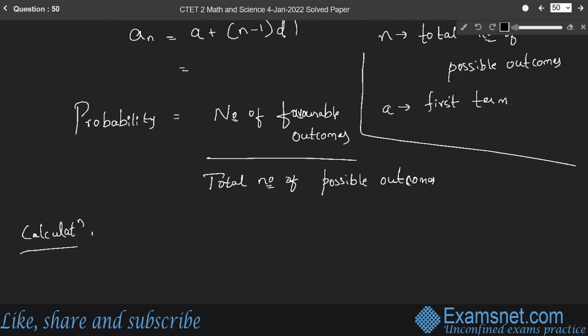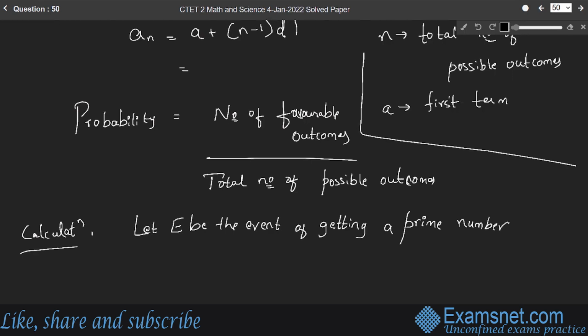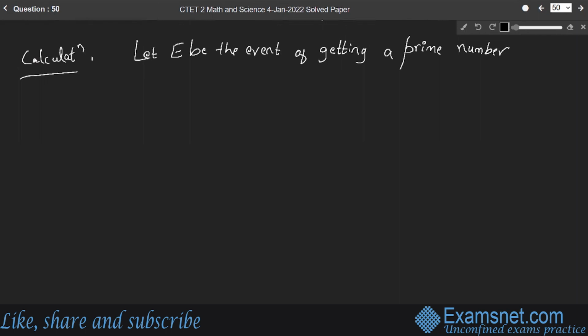Calculation. Let E be the event of getting a prime number in the event of drawing a card numbered 47, 48 to 82 from the box. Right? So this event is the event of getting a prime number in the event of drawing a card.